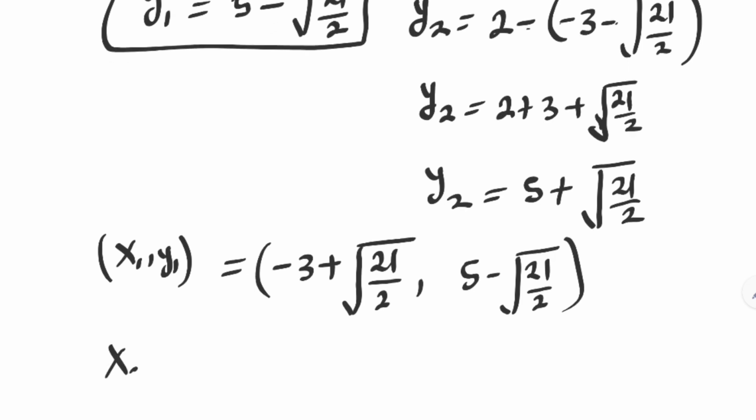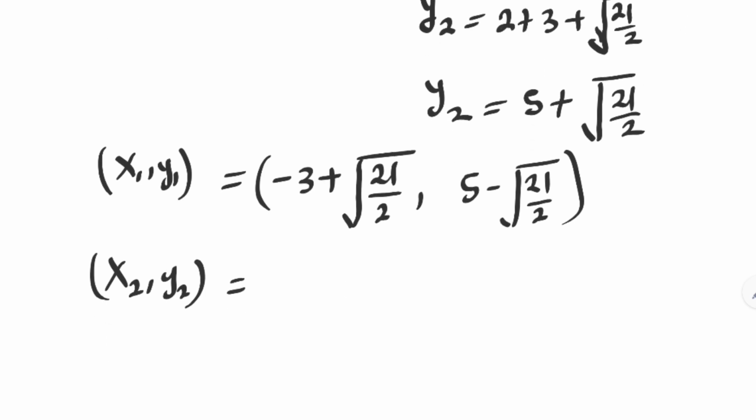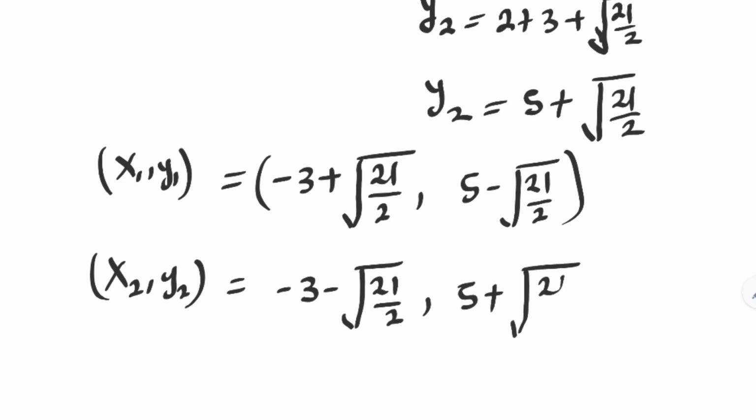Also, x2, y2 is equal to minus 3 minus the square root of 21 over 2, comma 5 plus the square root of 21 over 2. These are the values of x and y.